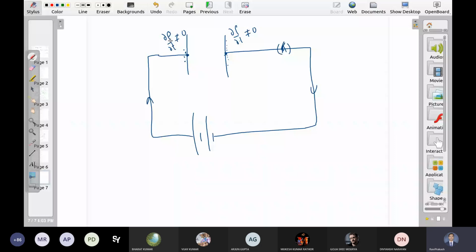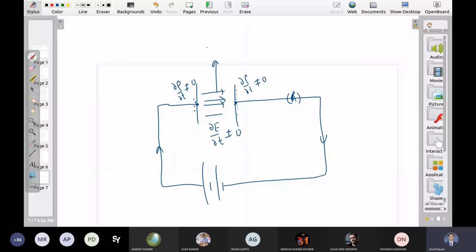So del E by del t is not zero, and therefore there is a current between these two plates. वो कोई normal current या actual current नहीं है, and the name of this current is displacement current, right? So जरूरी नहीं है current charge के flow होने से ही बने, बिना charge के flow होने से भी current बन सकता है, and accordingly we gave them some other name.